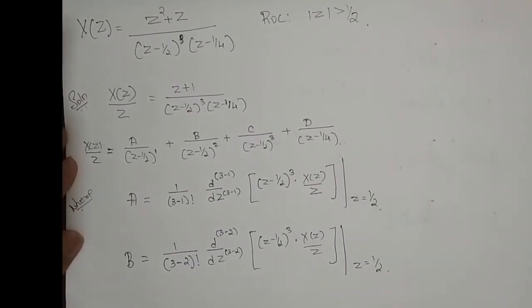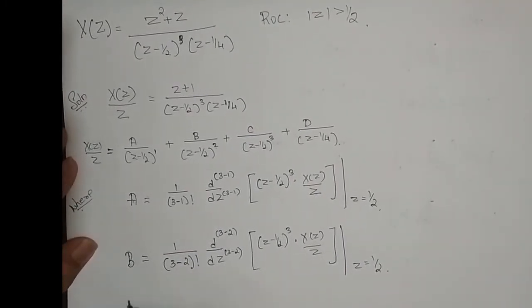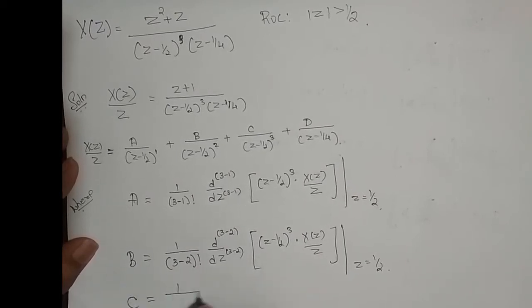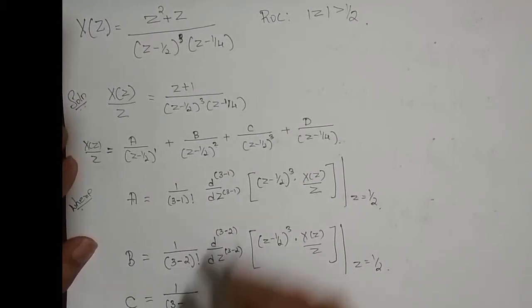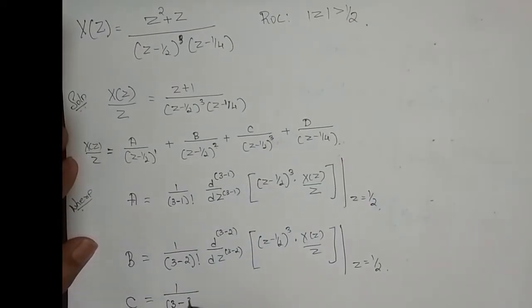Fine. So this is B, and C is 1 divided by 3 minus, what is the power here? This is 3, right?